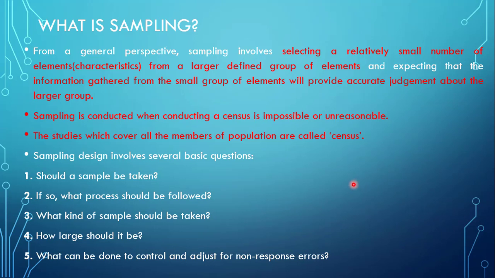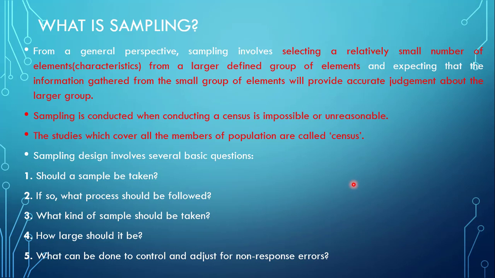If you include the whole population in your study, then it is known as census. But if you take a representative sample from the population, then it is known as sampling. So be reminded, there are four terms here: sampling, population, census, and sample.